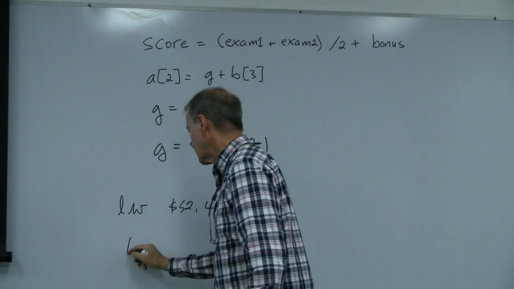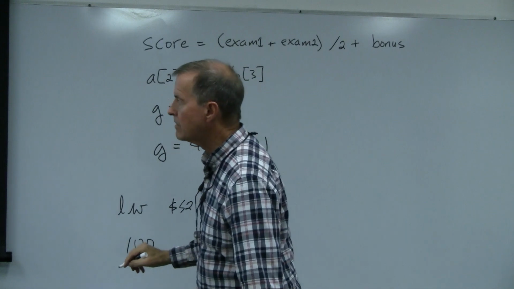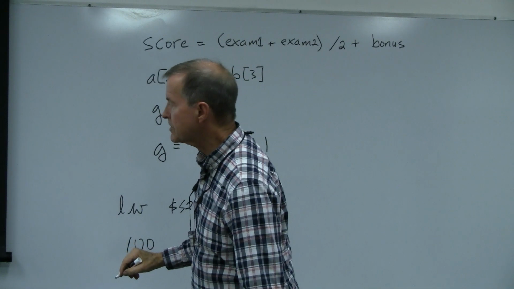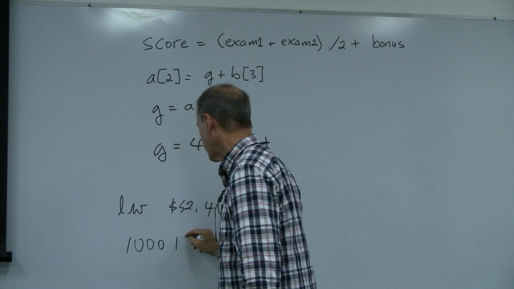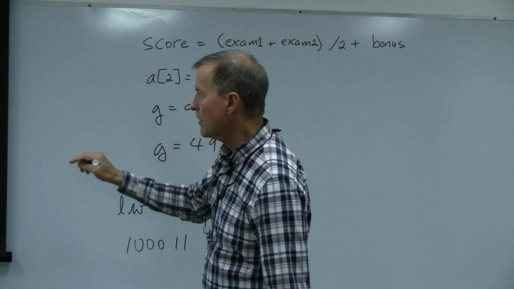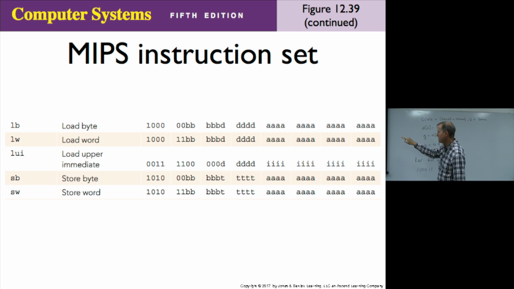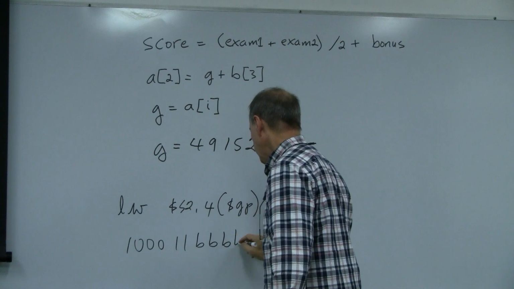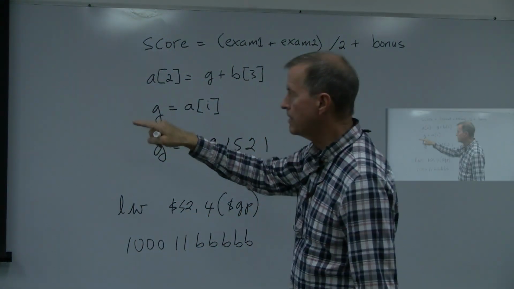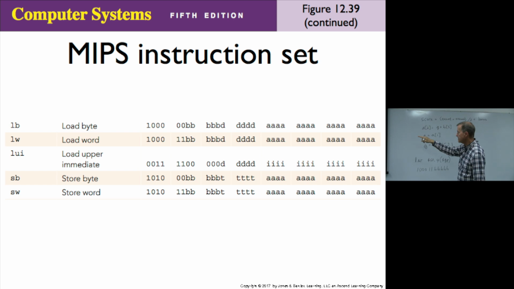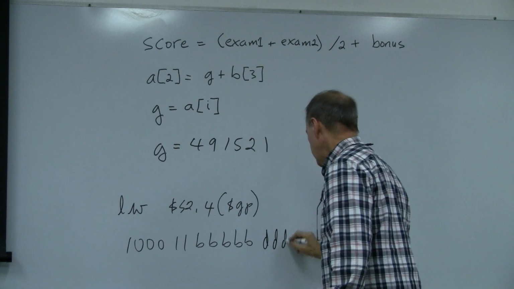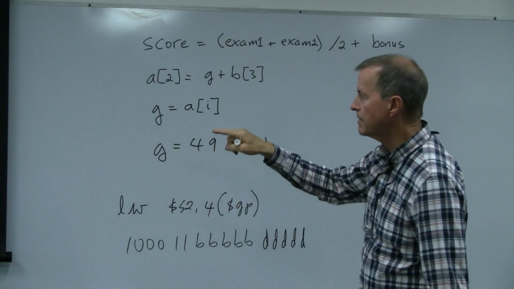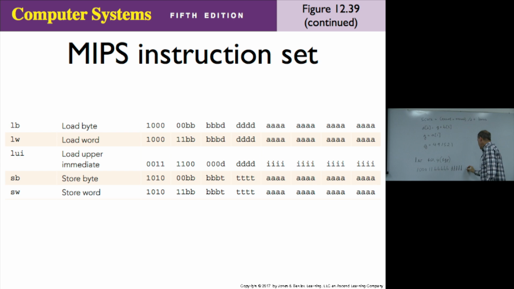Then BBBBB, then DDDDD, and then 16 A's. 16 of them, right?